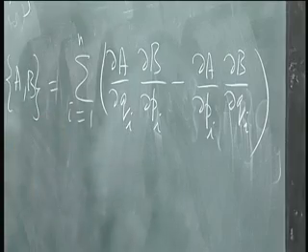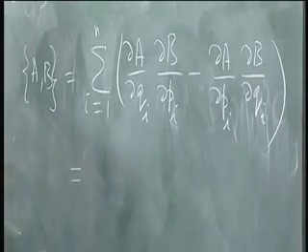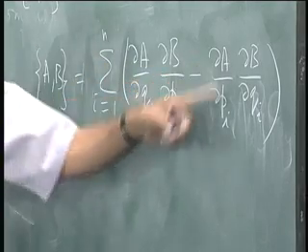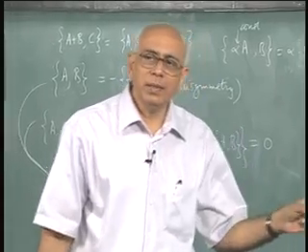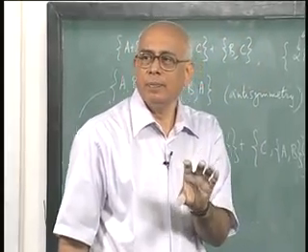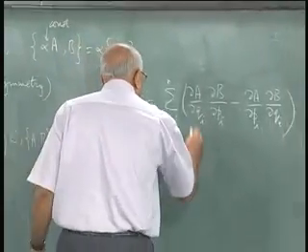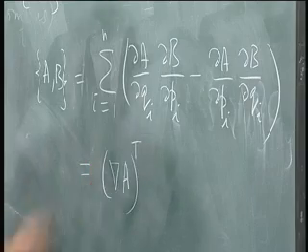It can also be written as, well, ∂A/∂qi and then ∂A/∂pi, which suggests that you are taking the gradient in phase space of this quantity A, the scalar function A. So this quantity is equal to gradient A transpose.